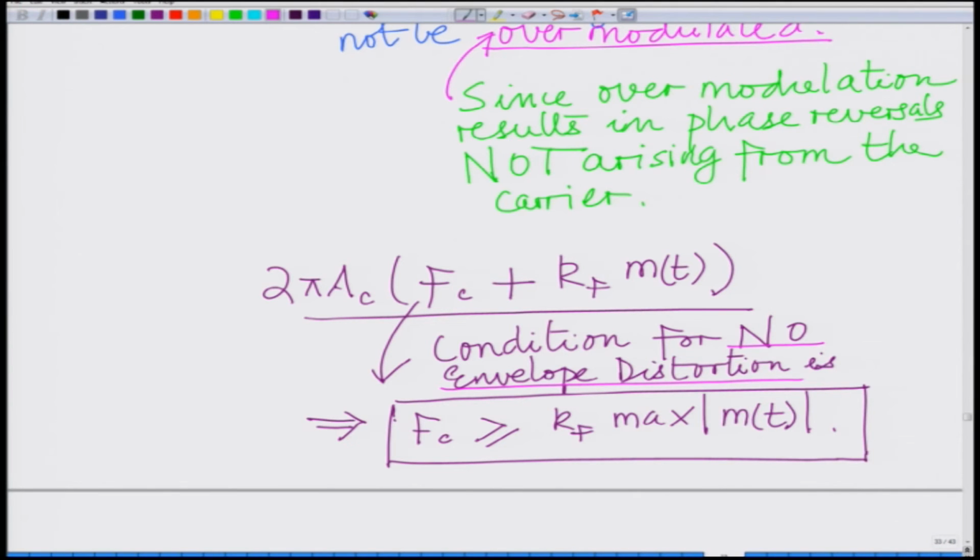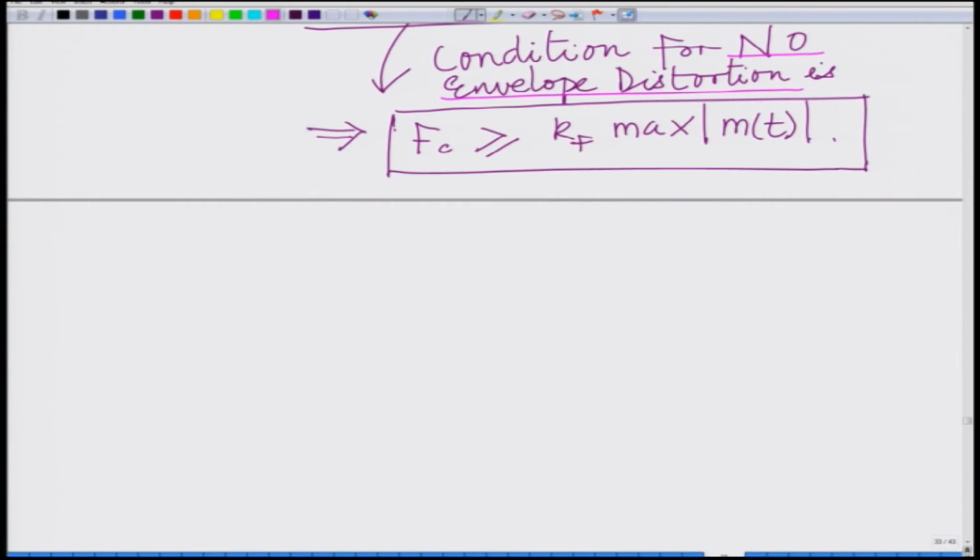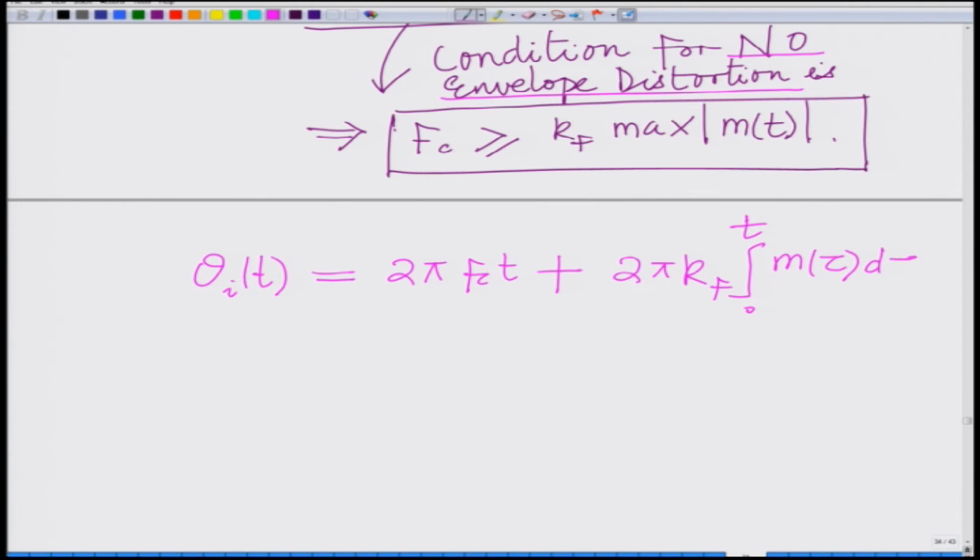Now let us go back to our frequency, the instantaneous frequency f i t. Looking at the phase, it is 2 pi f c t plus 2 pi k f integral 0 to t m tau d tau.